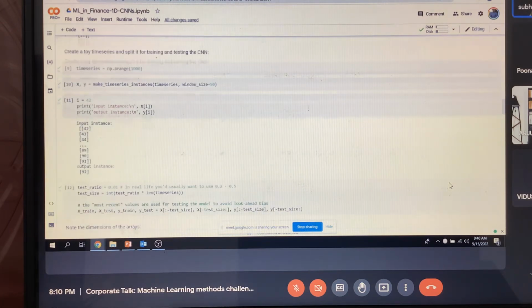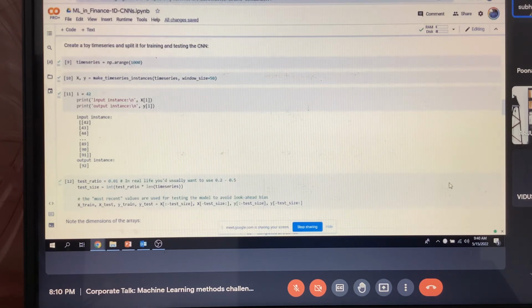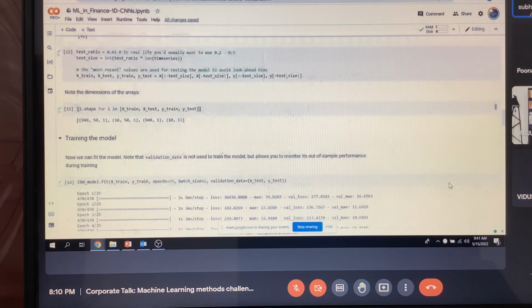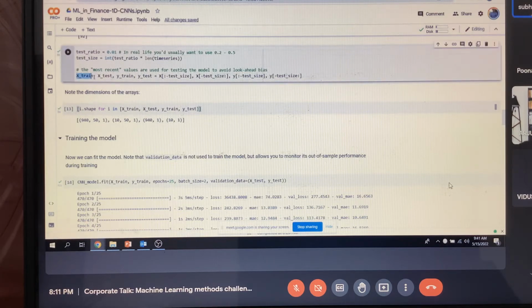So let's see here. Here we just generated toy data: 1, 2, 3, 4, 5, 6 like that. But line number 12 is the important one. Test ratio. This line says X train, Y train, X test, Y test. This is fundamental: we need to split the data into training and testing.